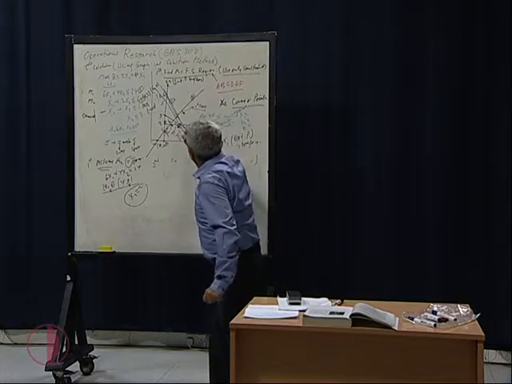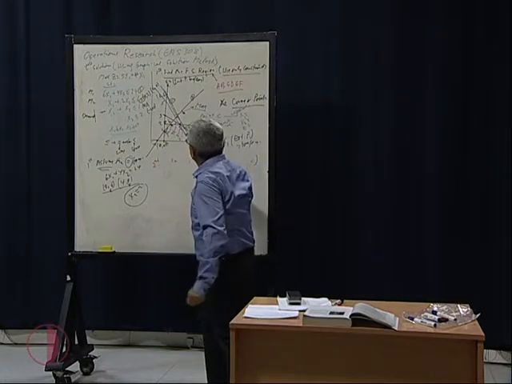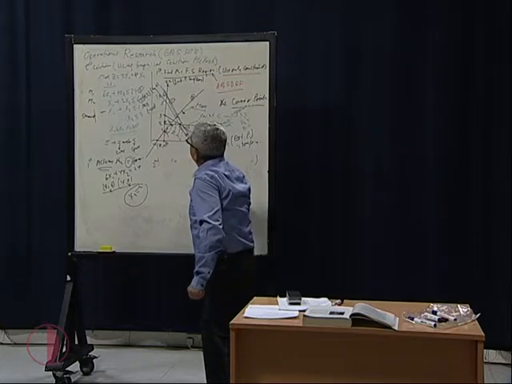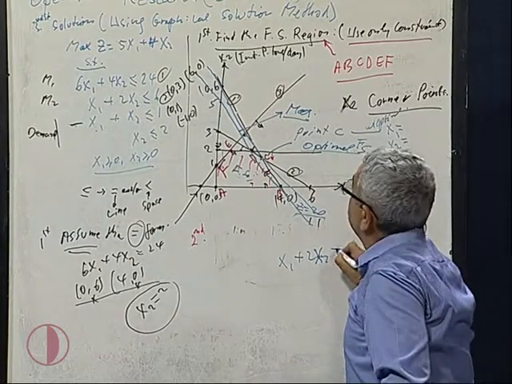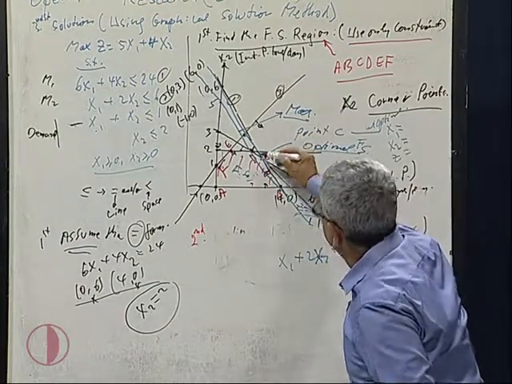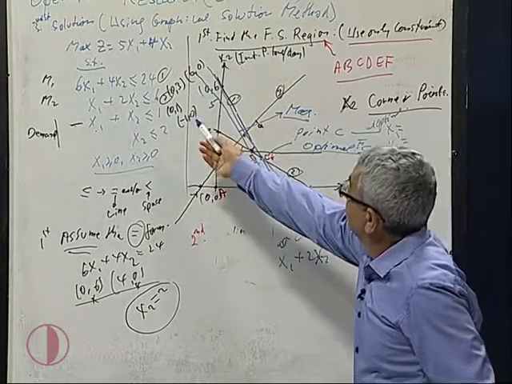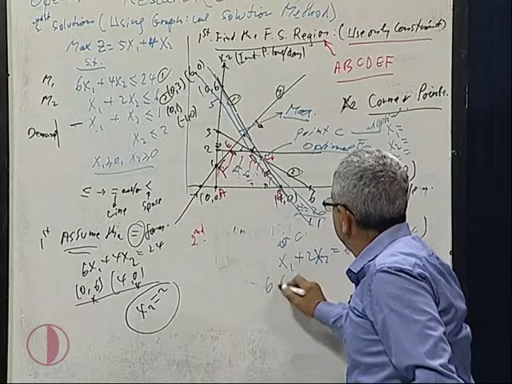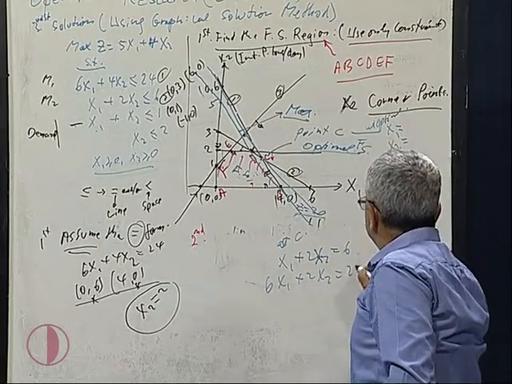Line 1 is x1 plus 2x2 equal to 6. And the other one intersecting at C is 6x1 plus 4x2 equal to 24.